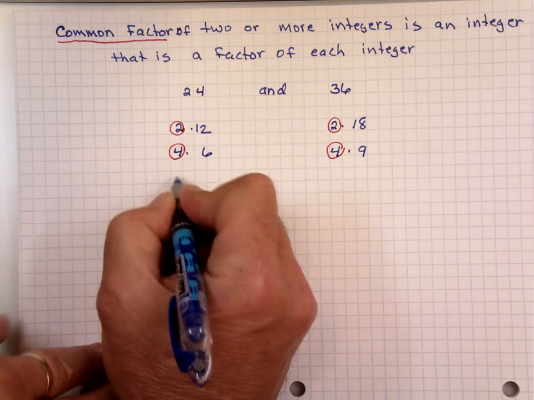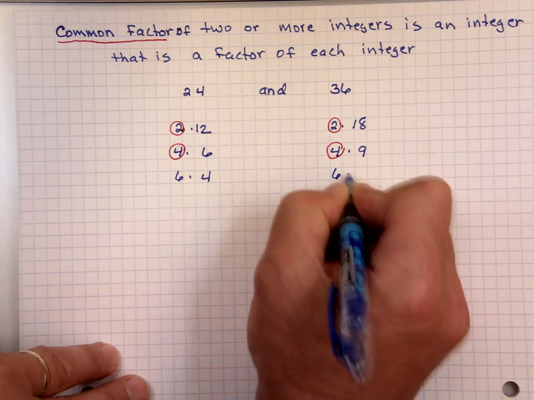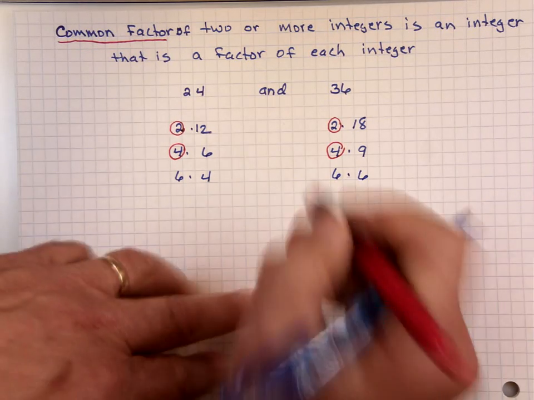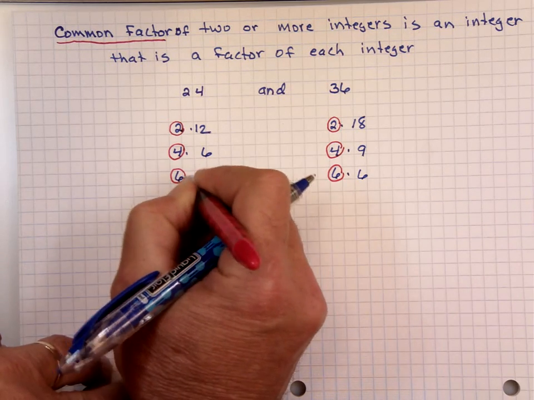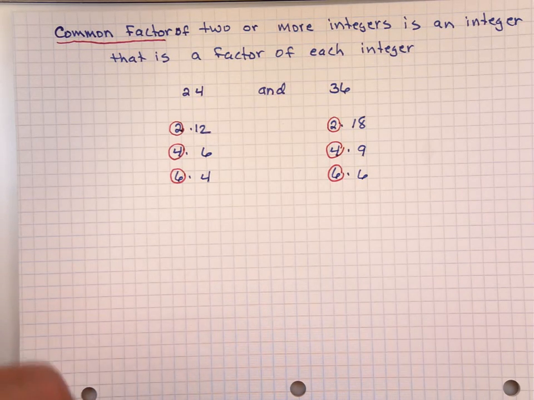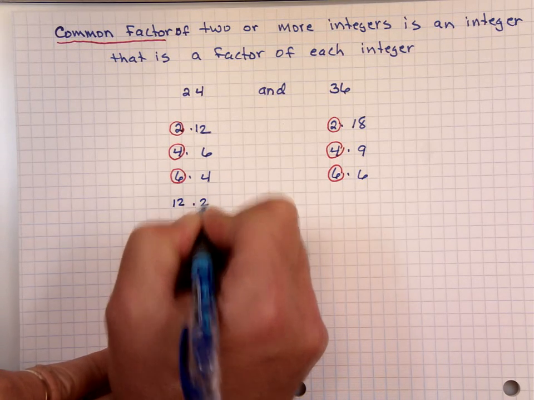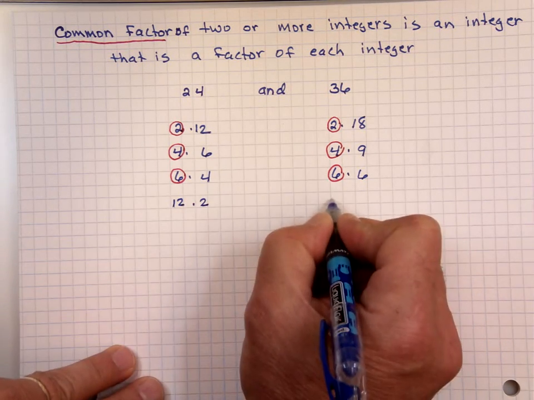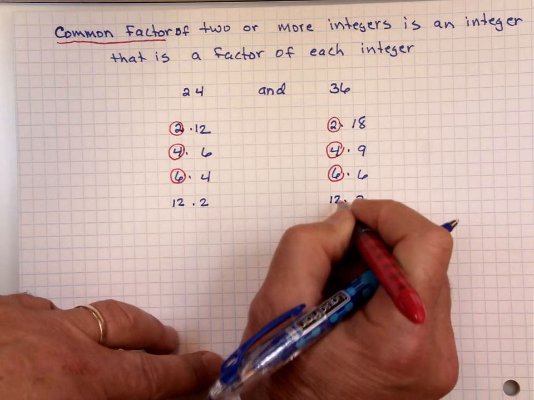I can write that as 6 times 4. 36 is 6 times 6. 6 is a common factor. 24 also can be written as 12 times 2. And this is 12 times 3. 12 is a common factor.